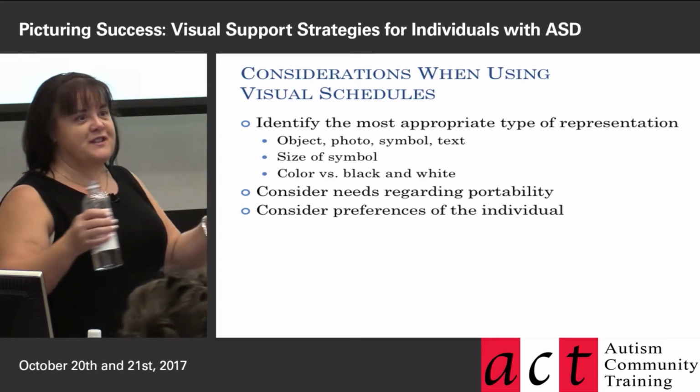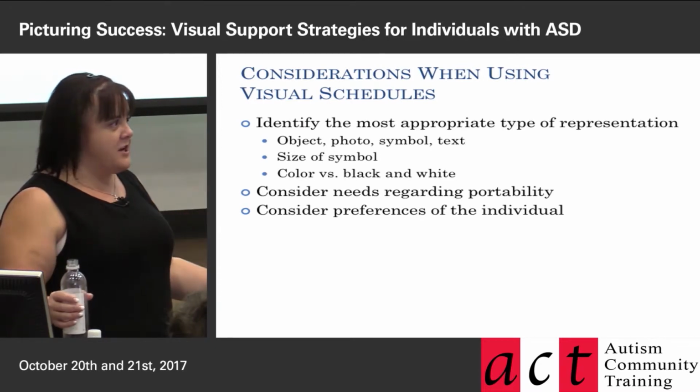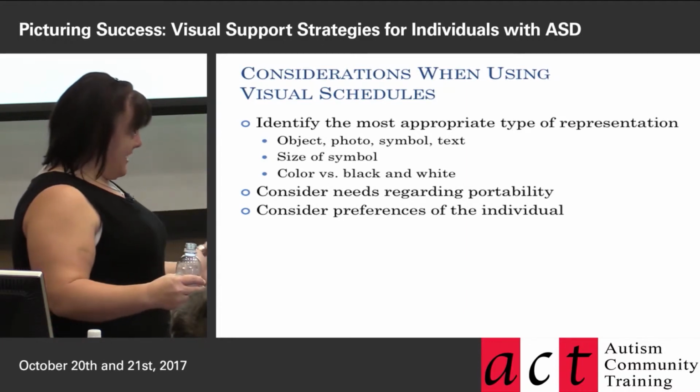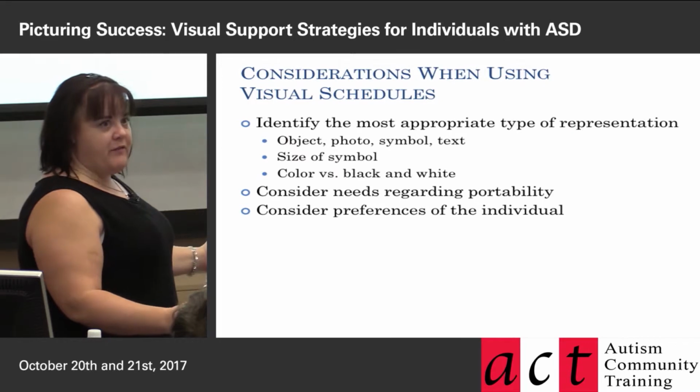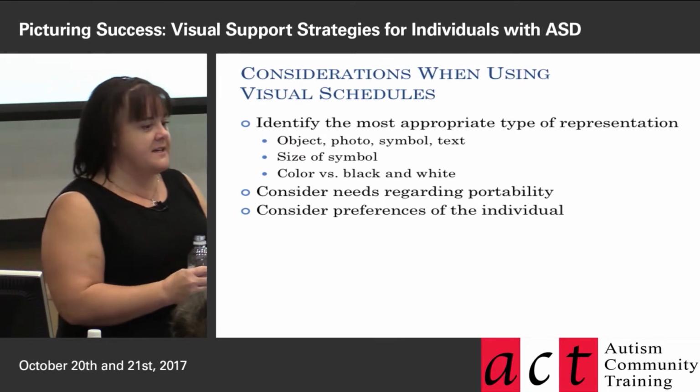If they don't understand picture communication symbols, a schedule full of picture communication symbols is not going to make that information any more clear. Right? But if photos make sense to them, providing them a schedule with photos does make things more clear. So you have to make sure that you're matching the representation.